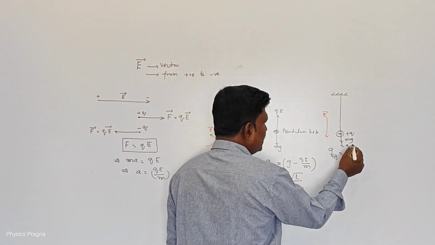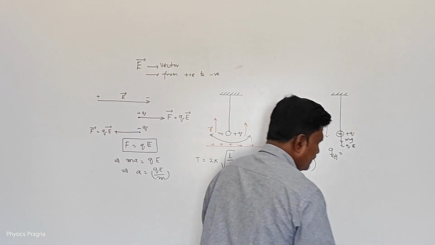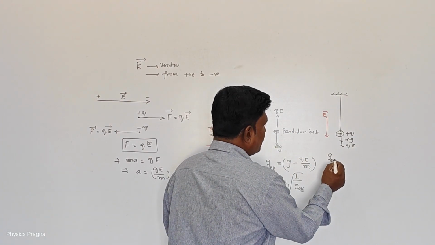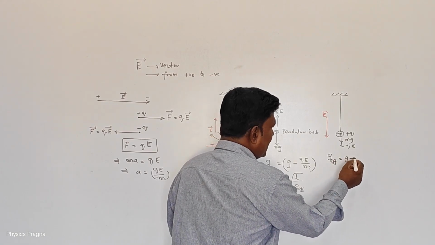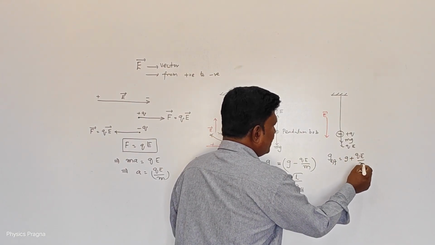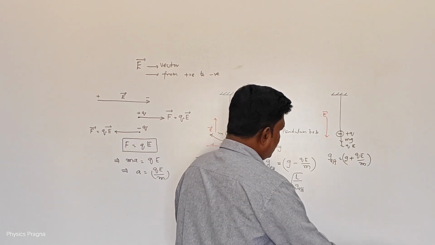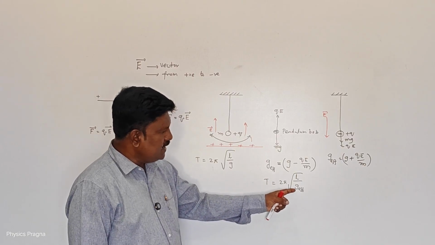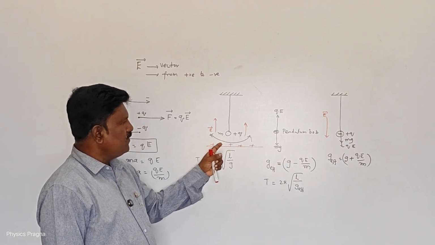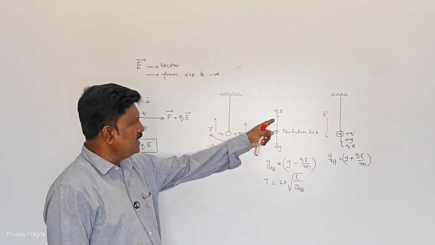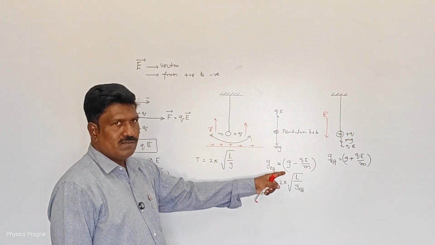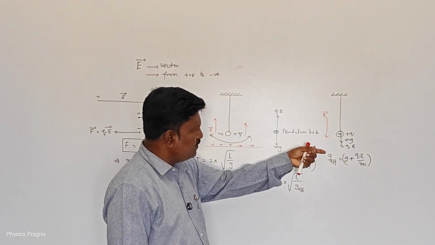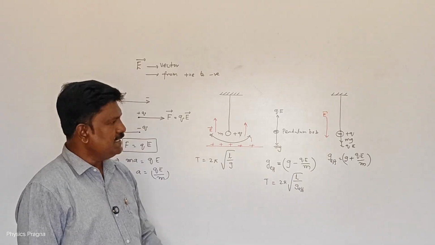This is QE. So the effective g value, g effective, is equal to g plus QE by m. So if you are asked in the problem to calculate the time period, you have to take g effective. See, you have to look at the direction of electric field. If the direction is like this, then the g effective formula is this one. If the electric field is upwards, or if the electric field is downwards, then the g effective is this.